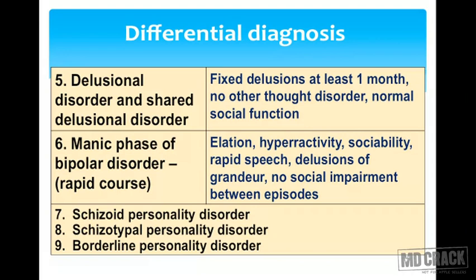Then there is brief psychotic episode which should be there for less than 1 month, and the next one is schizophreniform disorder, which is up to 6 months. So the duration is going to differentiate the brief psychotic episode as well as the schizophreniform episode, whereas the medical condition will be differentiated typically by visual hallucinations and a definite association with an acute medical illness.